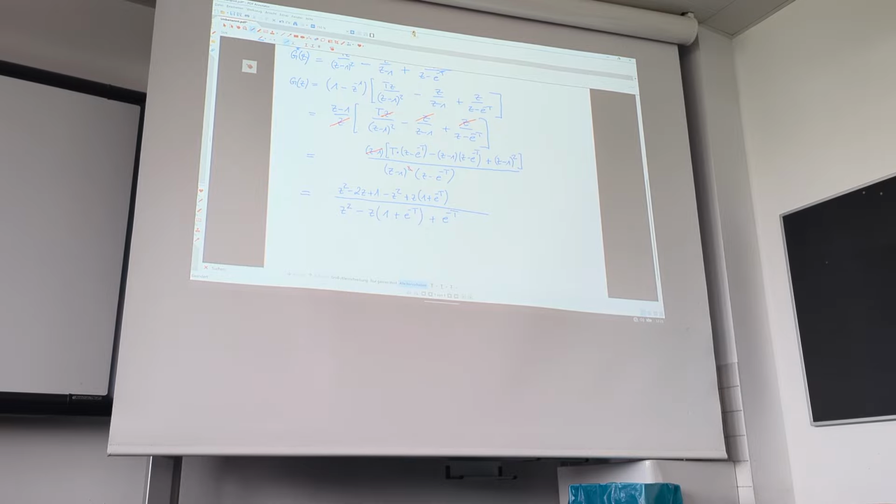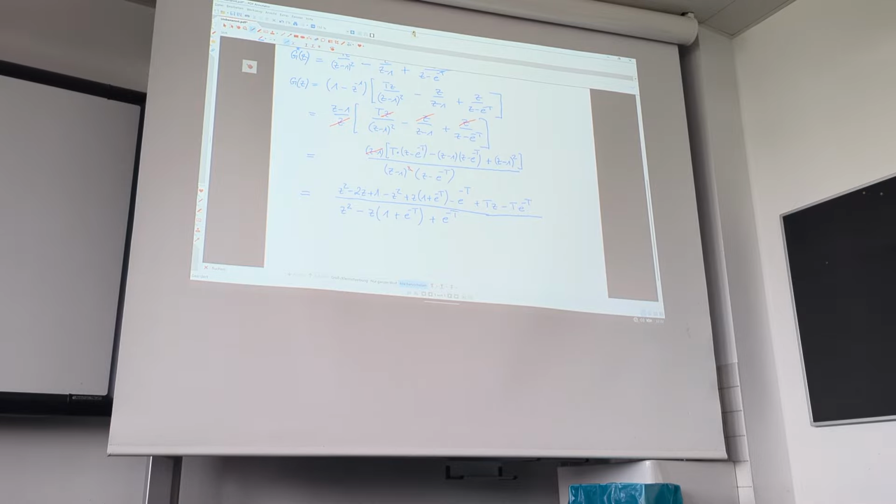And then we have minus 1 times minus e to the power of minus t, which is plus e to the power of minus t, minus e to the power of minus t. Okay. And then we have plus t z minus t times e to the power of minus t.